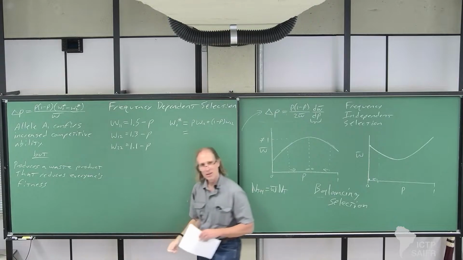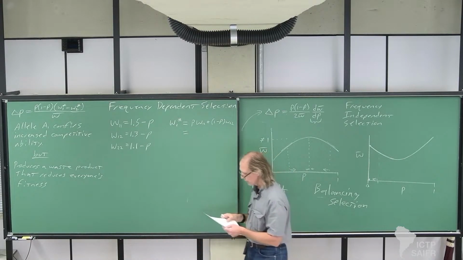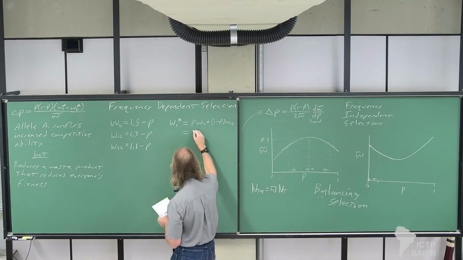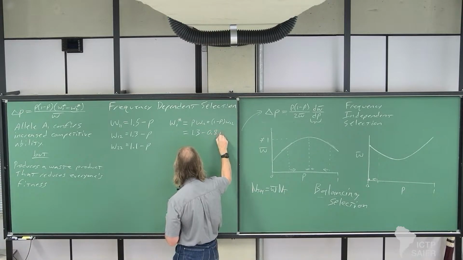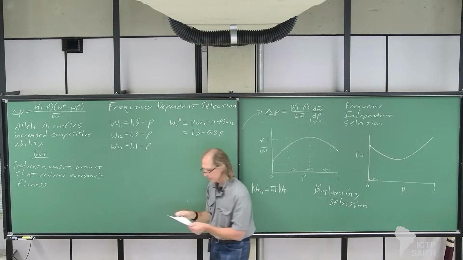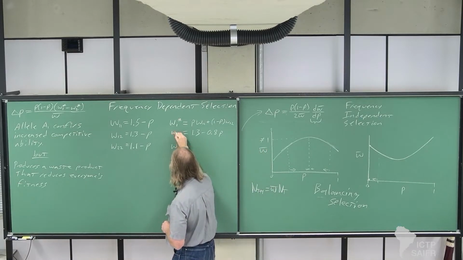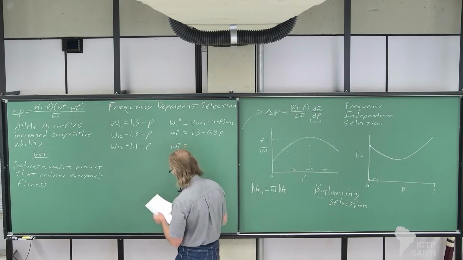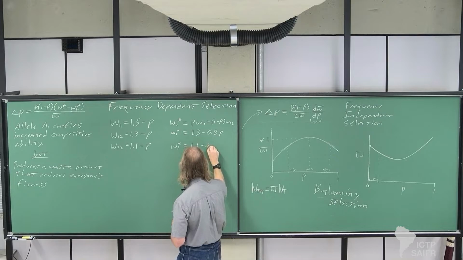And I'll let you confirm from that equation and from those that we end up with W1 star comes out to be 1.3 minus 0.8 P. And W2 star comes out to be 1.1 minus 0.8 P.